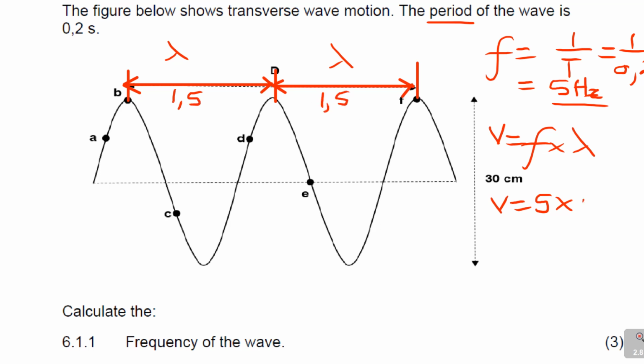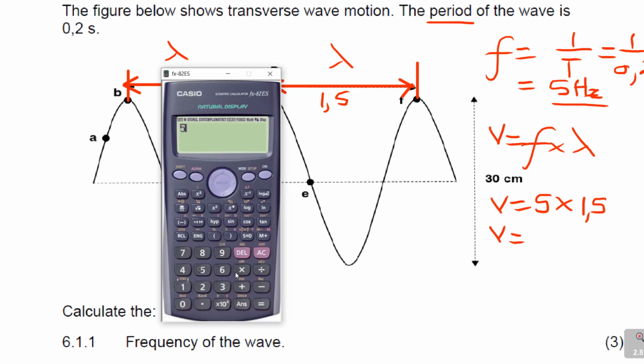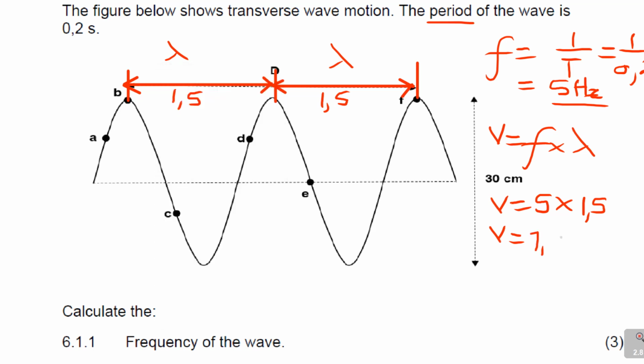Seeing that? So you multiply that times 1,5. Then you get your v, which is 7,5 what? Meters per second. Or you can say meters, you use this one, second with a negative.